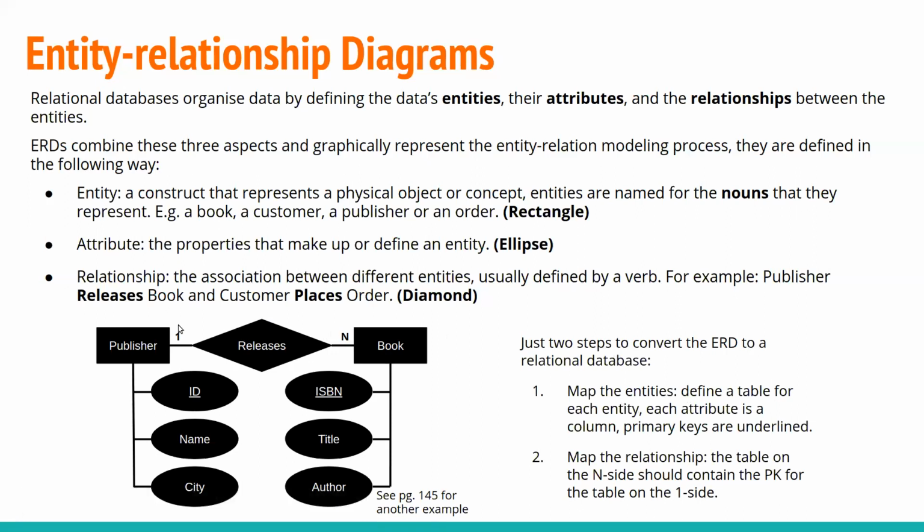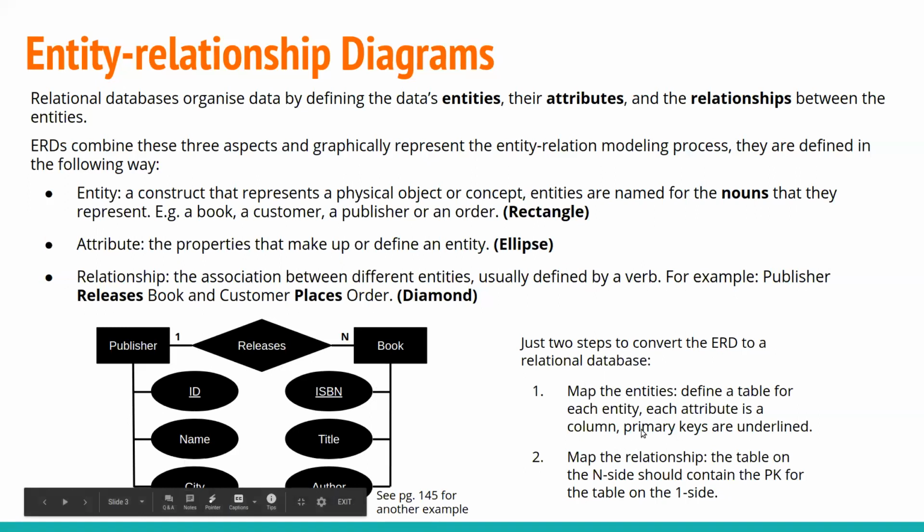All you do is that each entity in the ERD, so in our case the publisher and the book, will get its own table. So we're going to have a table for publishers and a table for books. Each attribute under each entity, so for our publisher, ID, name, and city, and for our book, ISBN, title, and author, will become a column in the table.